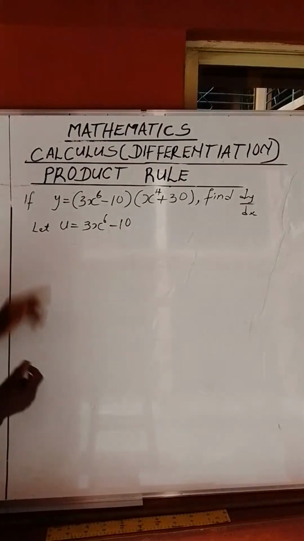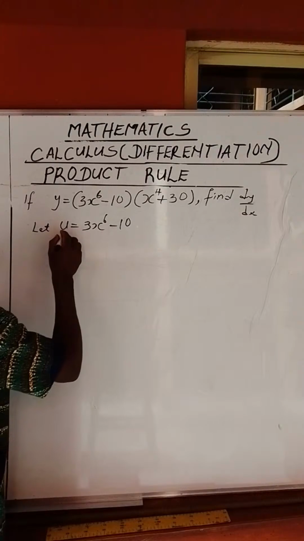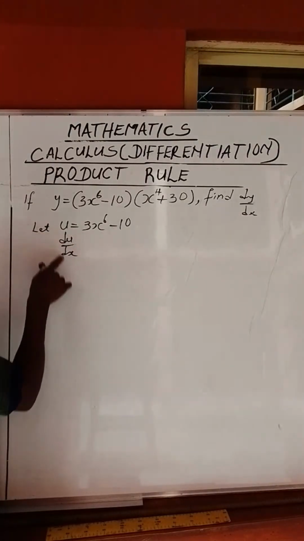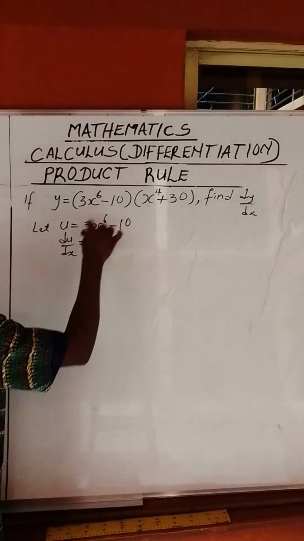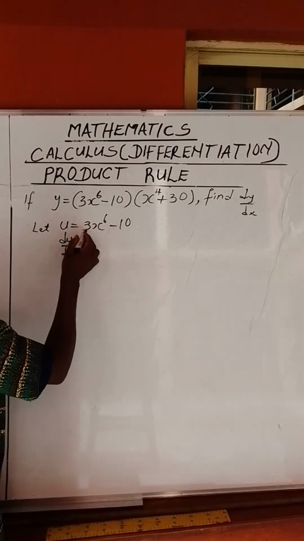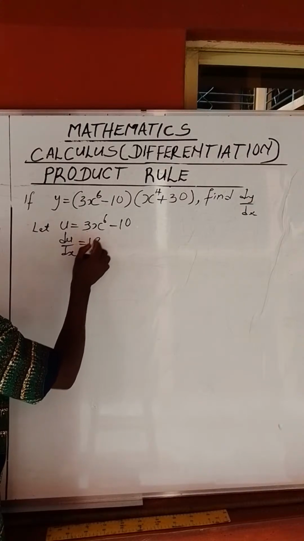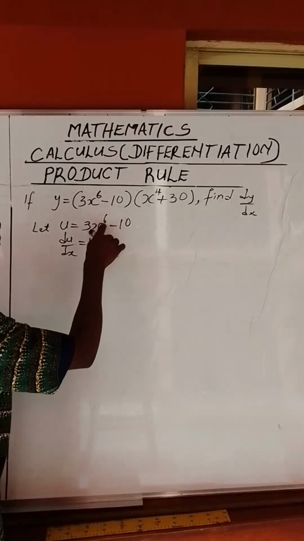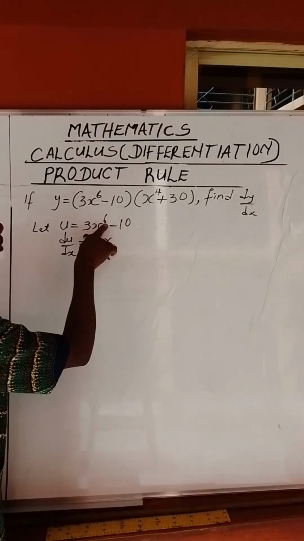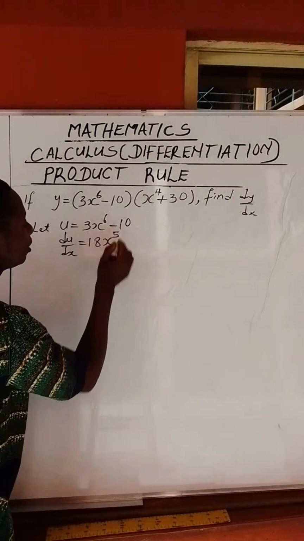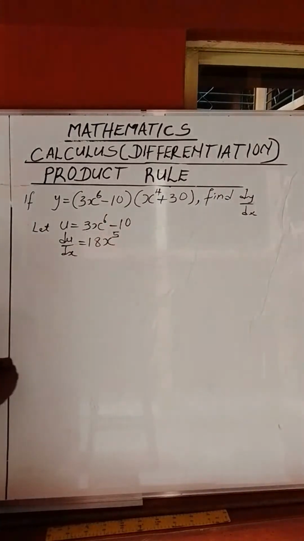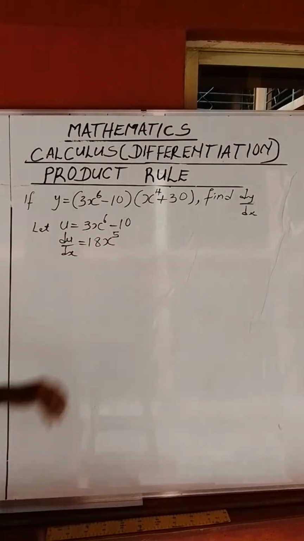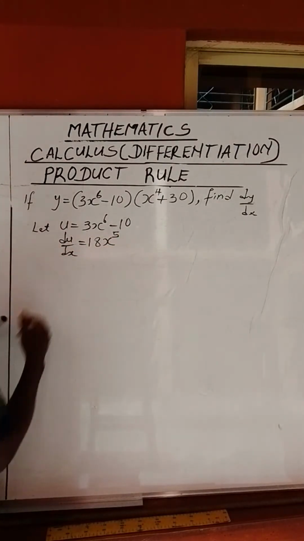Now we differentiate u with respect to x, that's du/dx. When we differentiate this, we have 6 times 3, which is 18, then x raised to 6 minus 1, which is 5, and then 0, because when you differentiate a constant, we get 0. The differential of a constant is 0. So that is our du/dx.